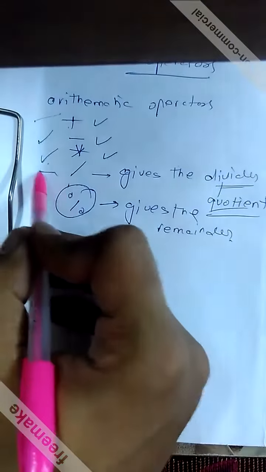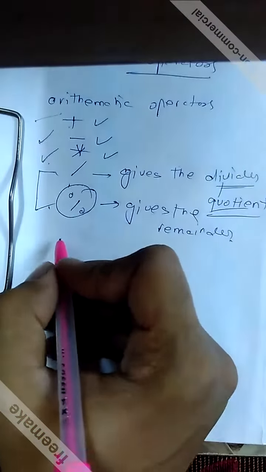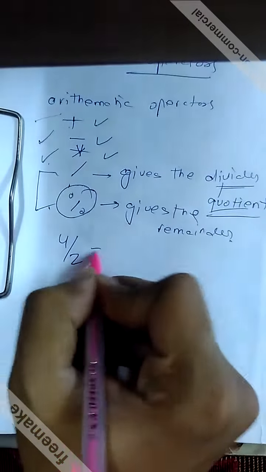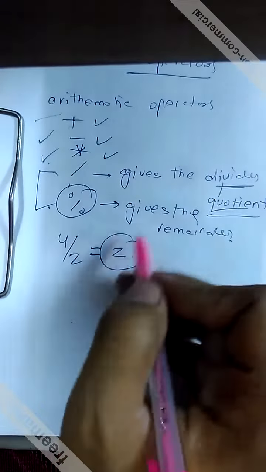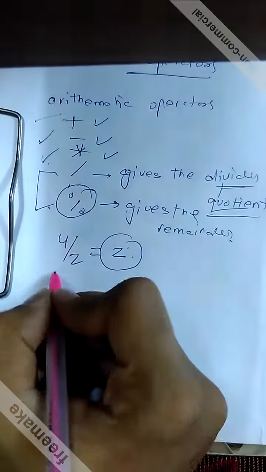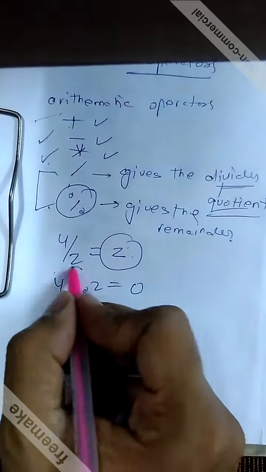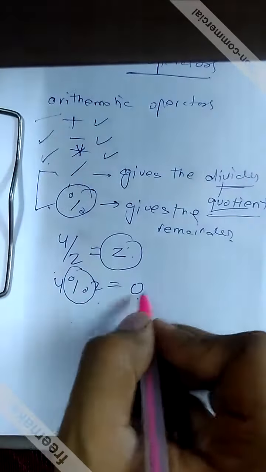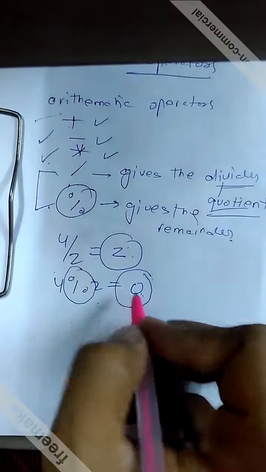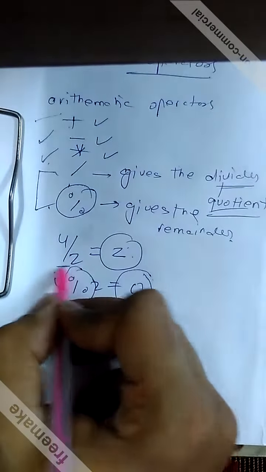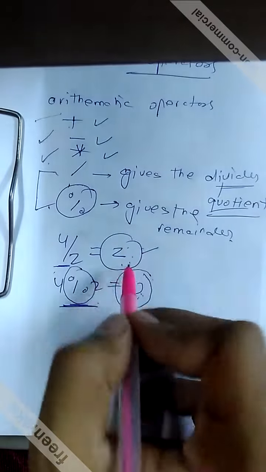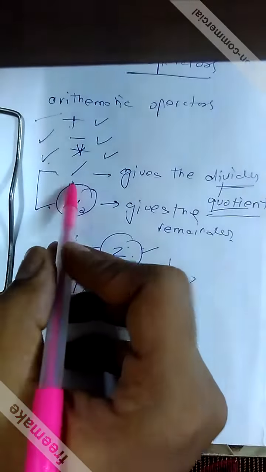Now I will tell about these two things. If we have 4 by 2, then its answer is 2. So 2 is its quotient, right? Now if I do 4 % 2, then it is 0. Why? Because this percent operator tells us the remainder, and the remainder is 0 in this case, and the division tells about the quotient, and the quotient is 2 in this case. That's how division and percentage work.